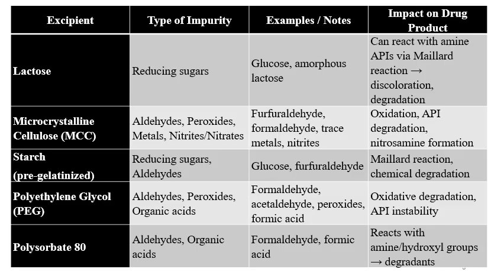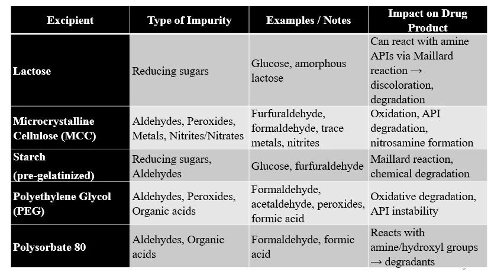Starch, pre-gelatinized starch contain reducing sugar and aldehydes as impurities: glucose, furfural. Maillard reaction and chemical degradation. Some of the APIs are less stable with starch as an excipient.